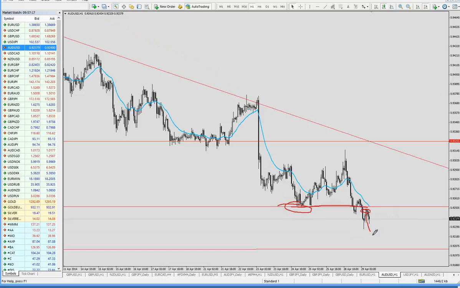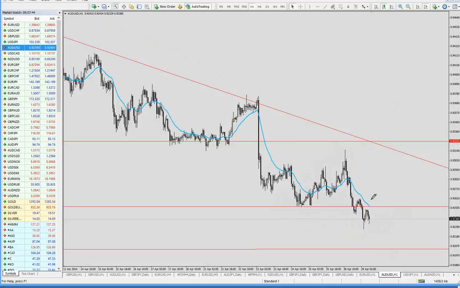Try to go lower, but intraday guys, remember we are still within the support on daily, and we had something like this. So low, higher low, high, higher high.